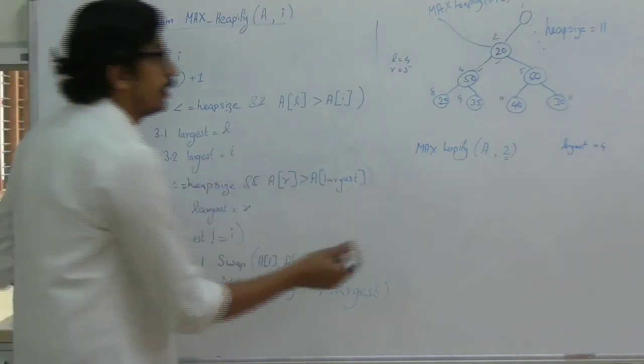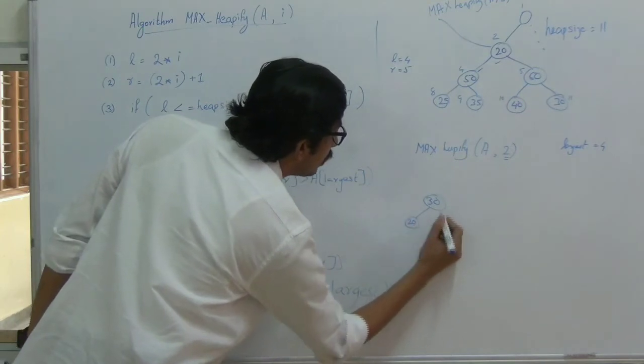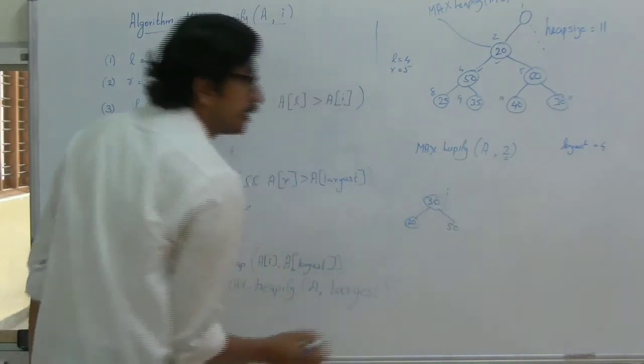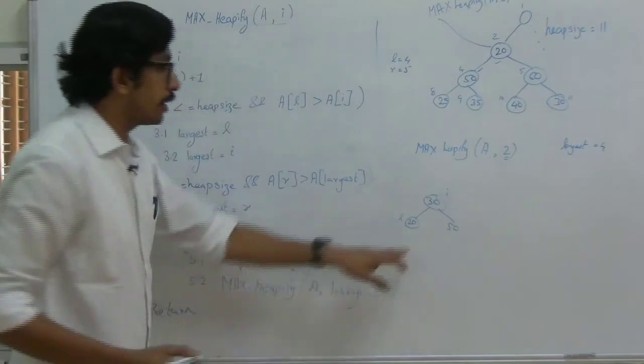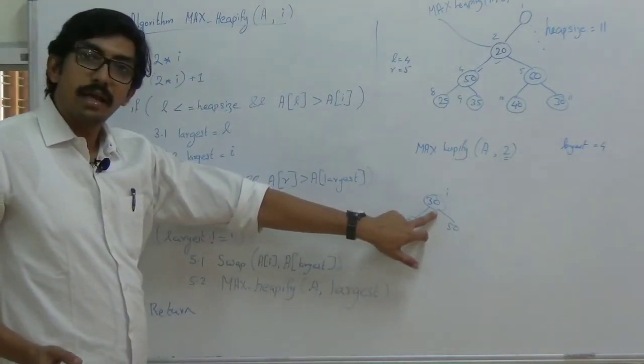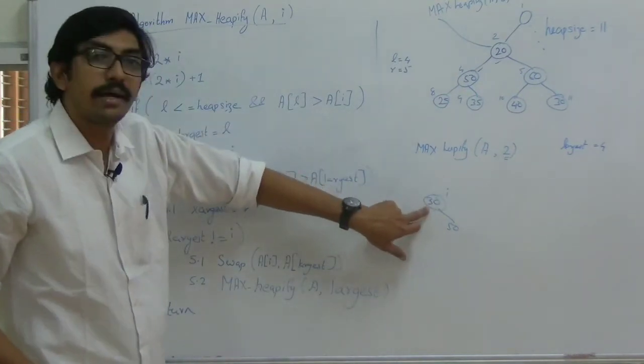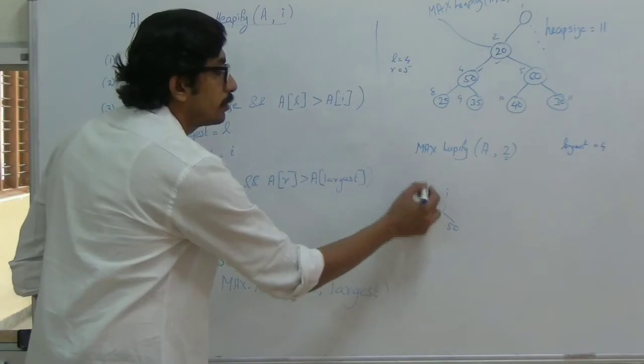So when will be that case? Say suppose we are having 30, 20, 50. This will be index position I. This will be L. You can see A of L is not greater than A of I. In that case, largest will be set as I. This means largest will be pointing to this location.